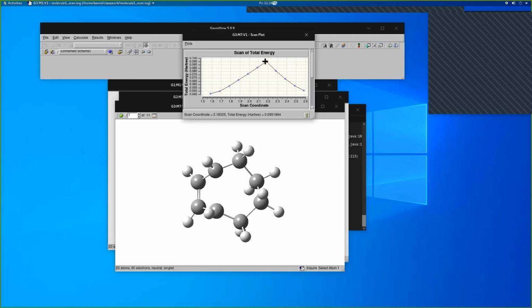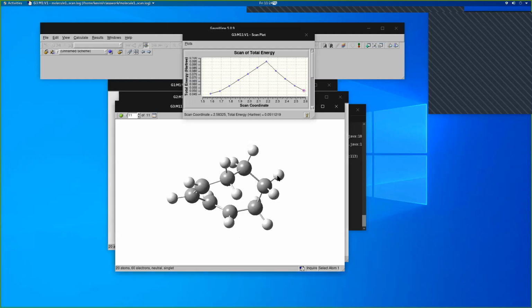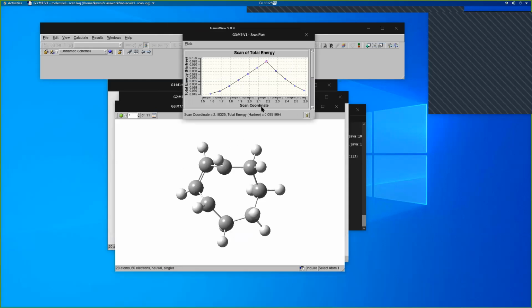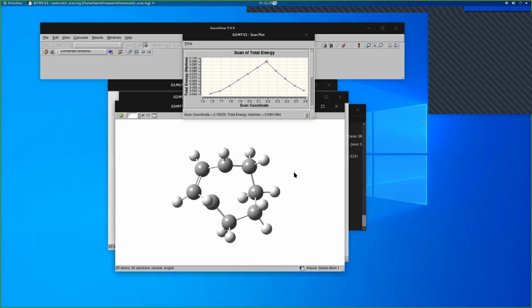And on the decreasing side, it is forming the octadiene. So the most important part of this scan is this point up here, because this is going to be our transition state.